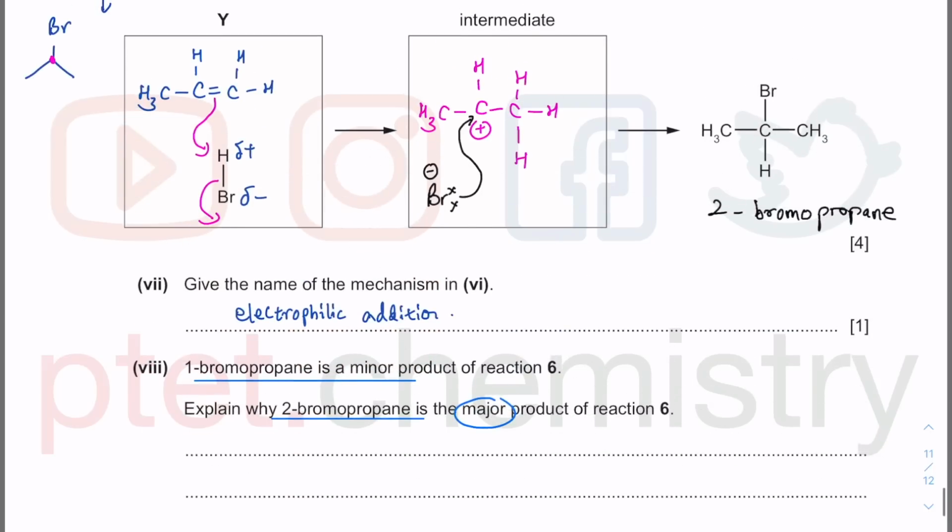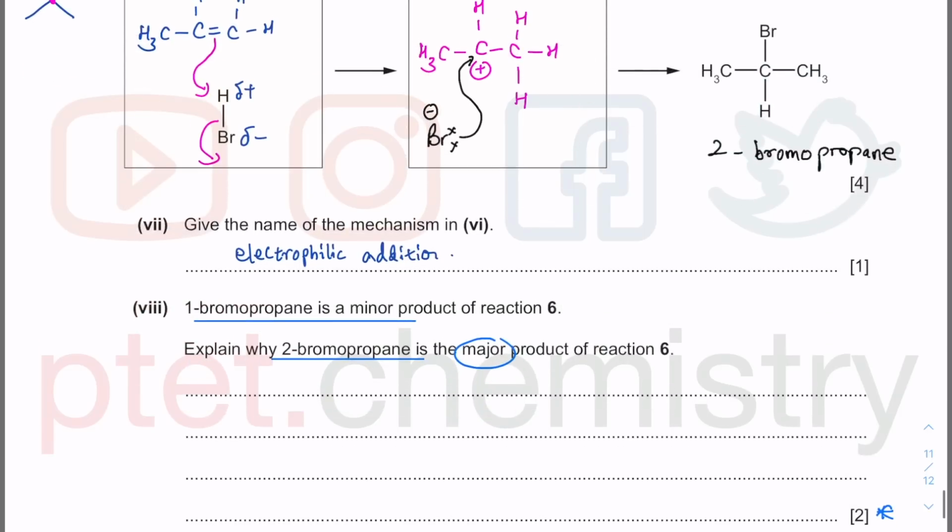This comes down to this mechanism where previously we only showed one intermediate, because this was the intermediate that will give you this product. So what I could comment on is this is a secondary halogenoalkane, 2-bromopropane. Better spell that properly. 2-bromopropane comes from this cation because the last step was the Br minus attacking that carbon.